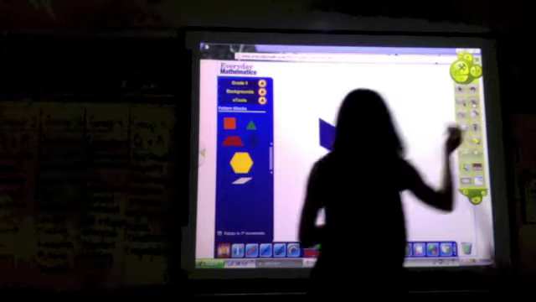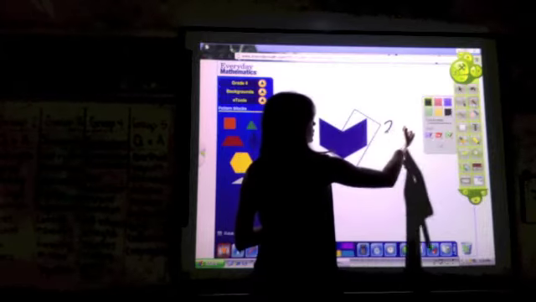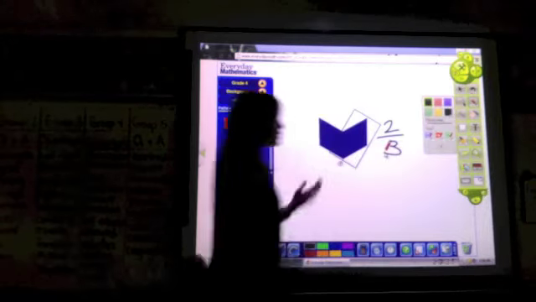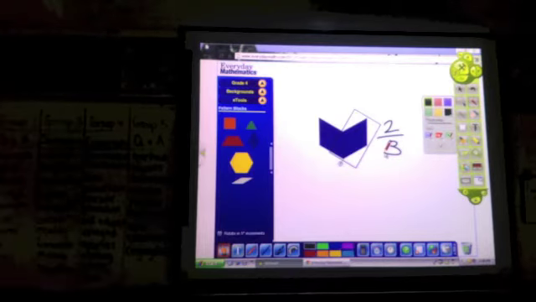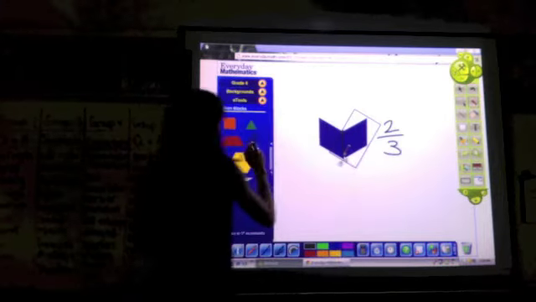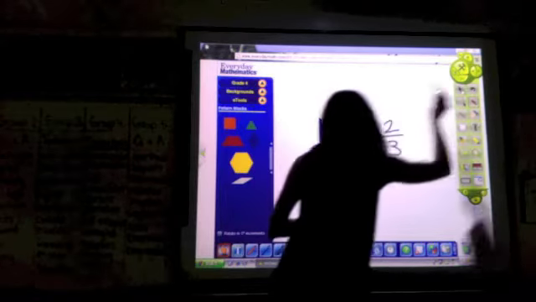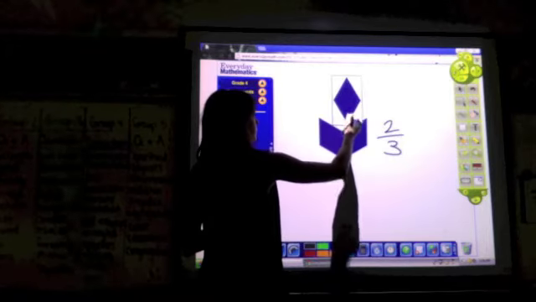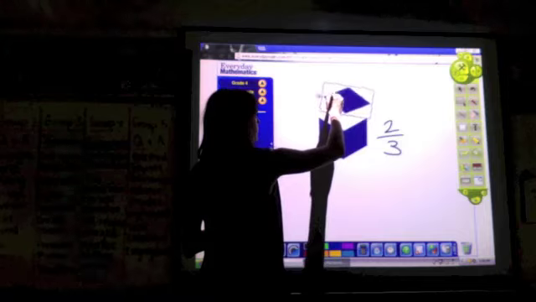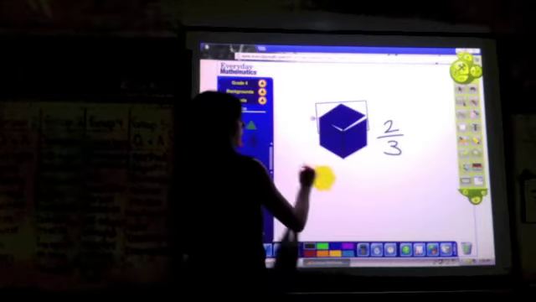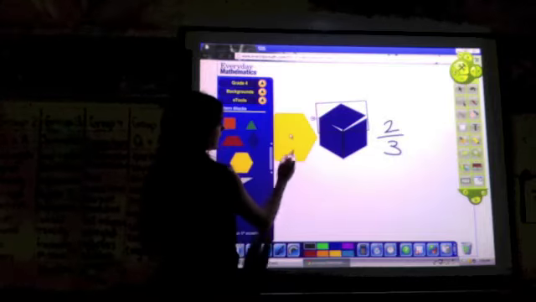If these 2 rhombuses represent 2/3 of my whole, then which shape represents the whole? Well, I divide this into 2 parts, and if I added one more part to that, one more rhombus, let's turn it this way, and I put it together, I know that my whole is a hexagon.